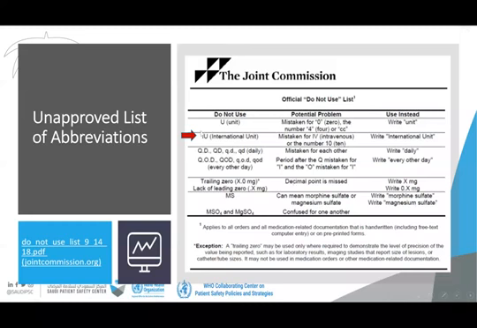IU stands for International Unit, but because of handwriting it can be mistaken for IV, or the number 10 because it is close to 10. That is why International Unit should be written out without unapproved abbreviations.